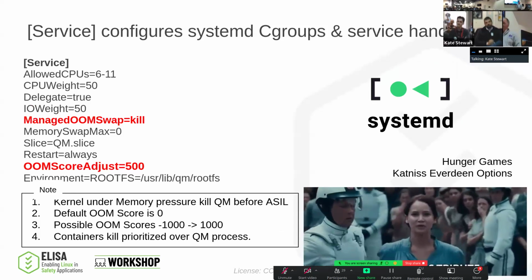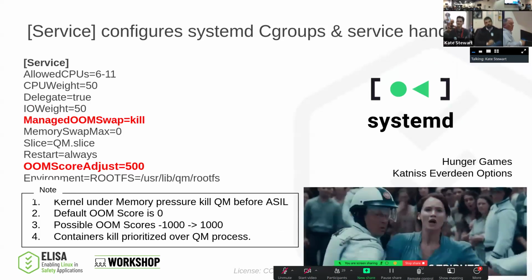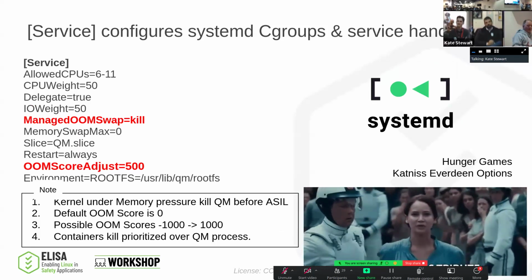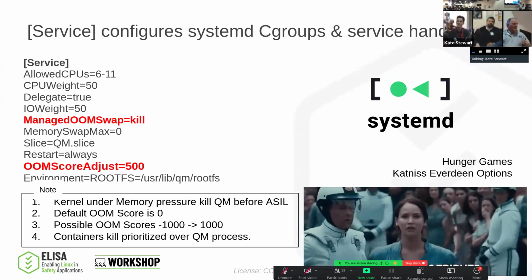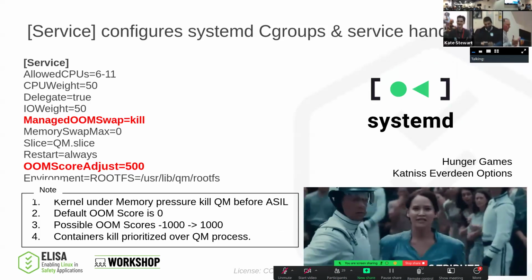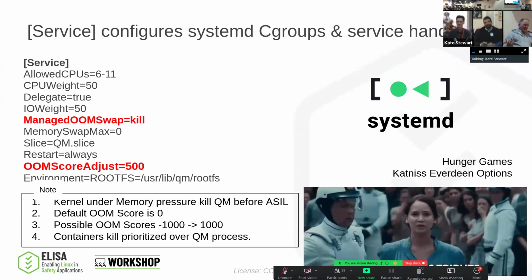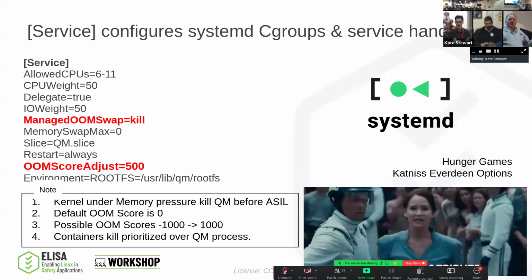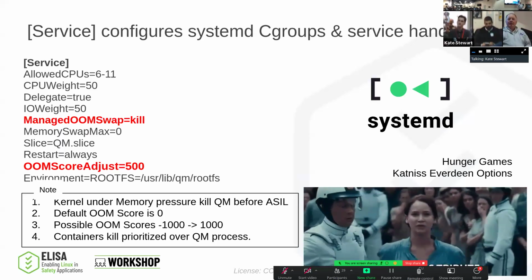Finally, the other thing you have to worry about is memory constraints. So if a process inside of the QM grows to take up too much memory, we call this the Katniss Everdeen option, which basically says, pick me to be killed. The Linux kernel has a thing called the out-of-memory killer. The OOM killer basically goes out and starts shooting people in the head when it starts to run out of memory.